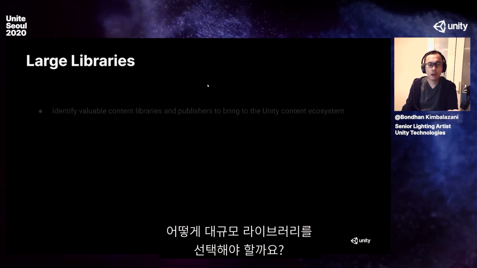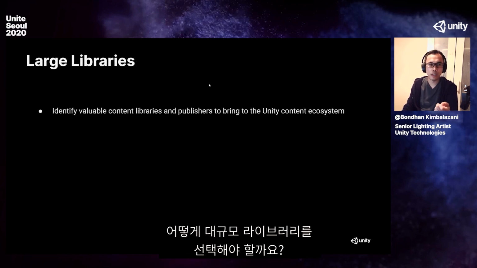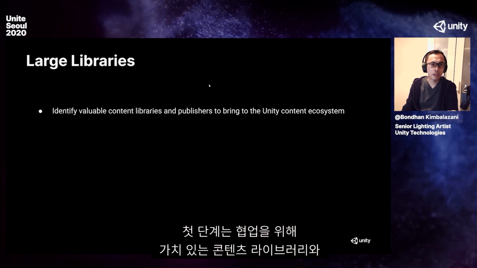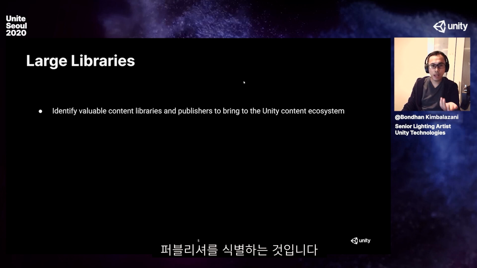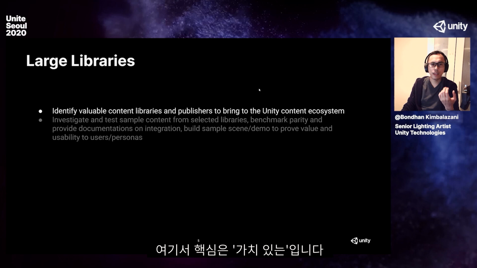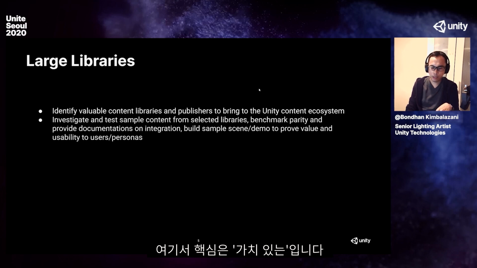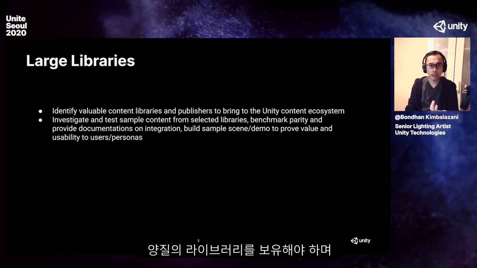So how do we do this large libraries initiative? The first step is we identify valuable content libraries and publishers outside Unity that we want to bring in. The keyword here is valuable. They need to have high quality libraries, and they also need to be useful for the users.